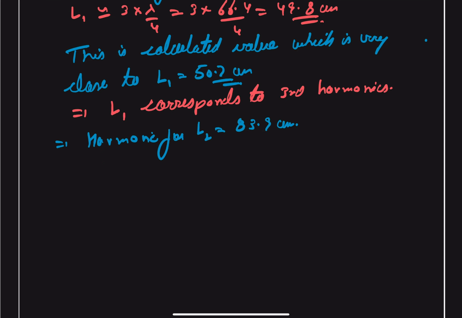Both L1 and L2 are consecutive resonances, so the next value of n, consecutive to 3, is 5. Therefore, our L2 will be approximately 5 multiplied by lambda by 4, which is 5 multiplied by 66.4 divided by 4, and that comes to 83.0 centimeters.